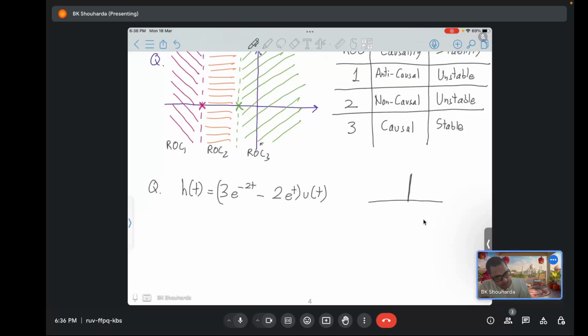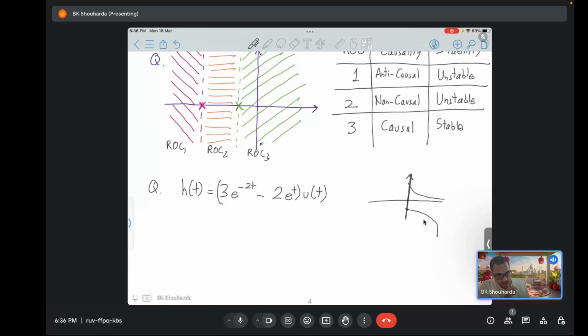So we have a 3 e to the power minus 2t term, which will decay like this, and minus 2 e to the power t will go down like this.